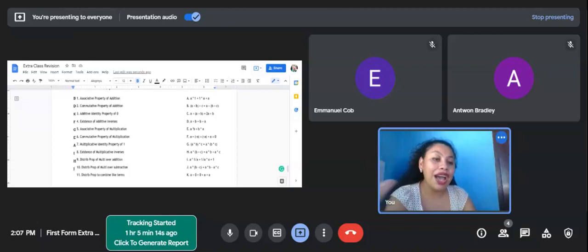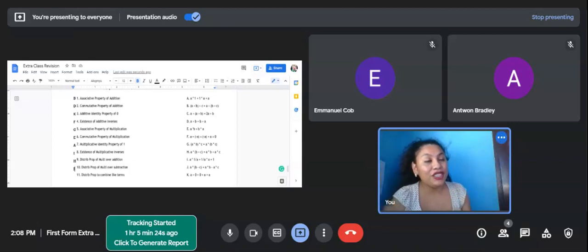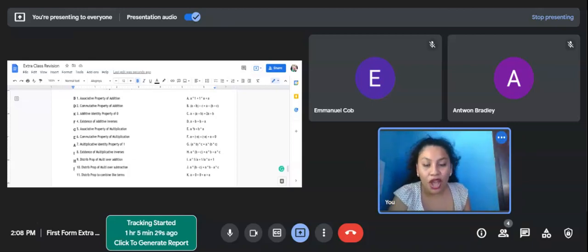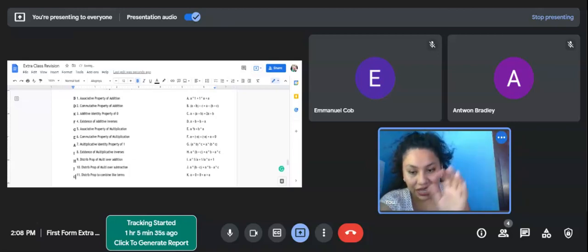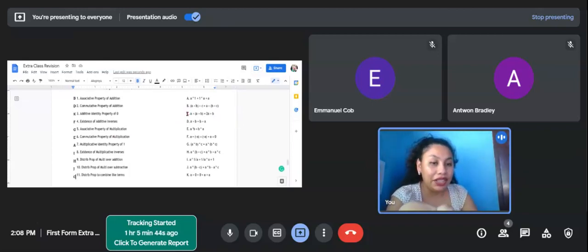The last one, distributive property to combine like terms, sorry. This is one that we did not cover, and you guys are not gonna cover until you go to second form. So this is like a sneak peek of something that you're gonna be doing in second form. But if I take a look at everything that I have done, the only one that is left is letter C. Now, why is that called distributive property, to combine like terms?